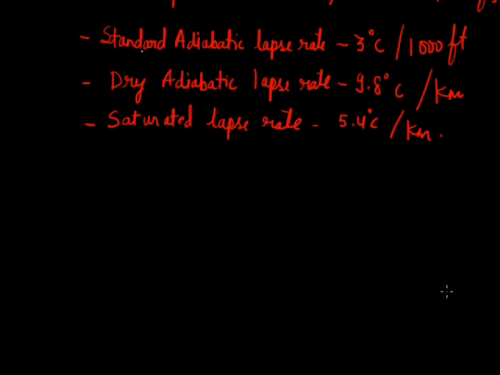The last feature of the troposphere is the layer which appears at the top of the troposphere. It is a very shallow, very thin column of air which separates the troposphere from the stratosphere. It is called tropopause.